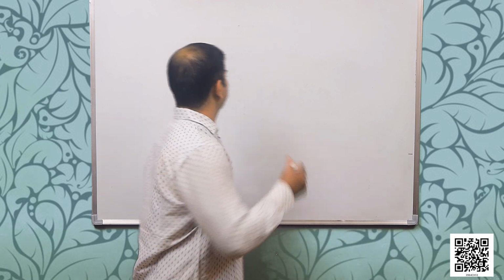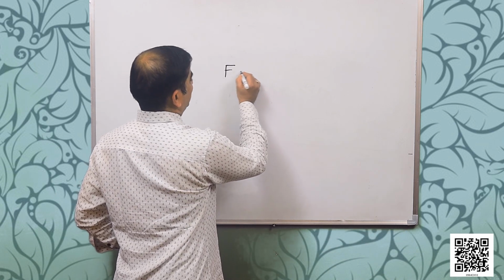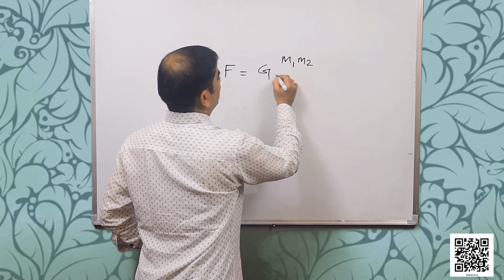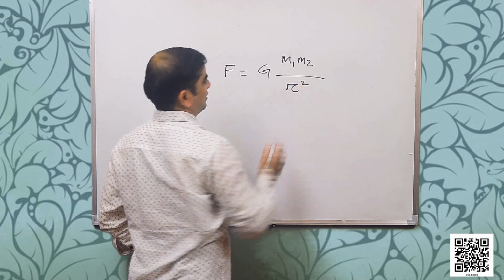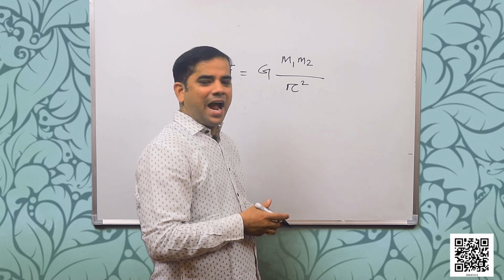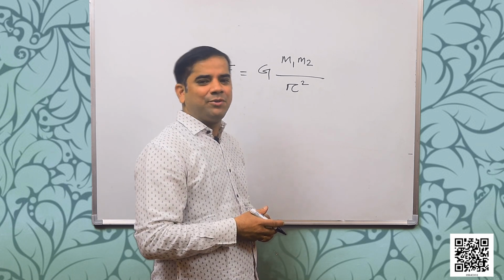So, for two objects of masses m1 and m2 and the distance between them r, the force F of attraction acting between them is given by the universal law of gravitation as F is equal to G m1 m2 divided by r square, where m1 and m2 are the masses of the two objects and r is the distance between the two objects.